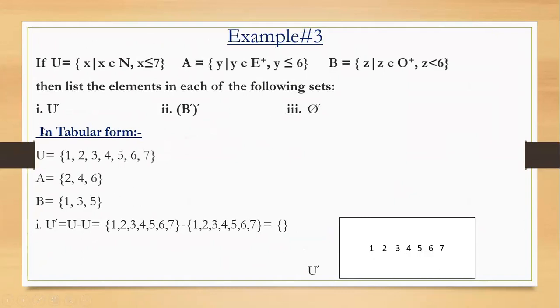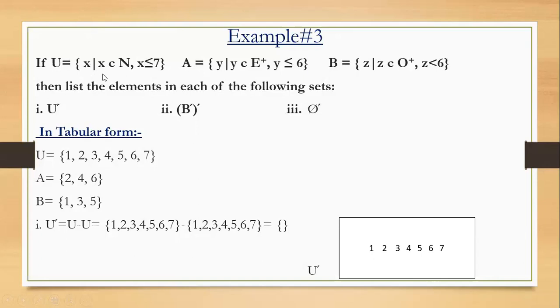Now here, the question is given in the form of set builder notation. First of all, you have to convert the question in tabular form. Whenever the question is given in set builder notation, you have to convert it in tabular form. Okay, now let's read the question with me.